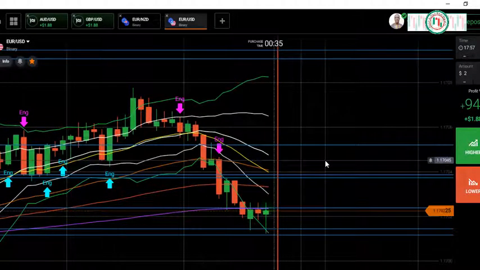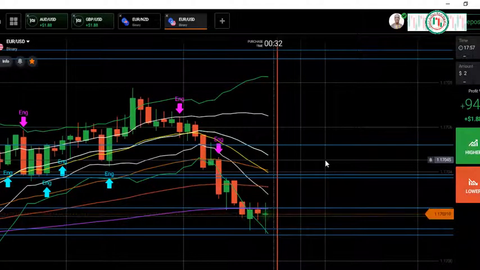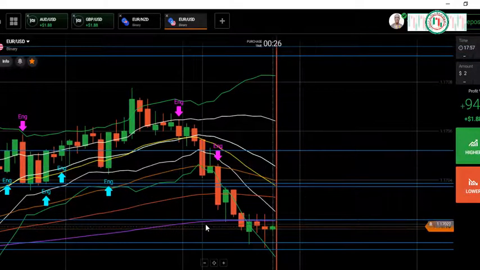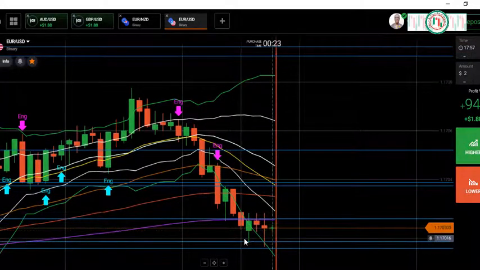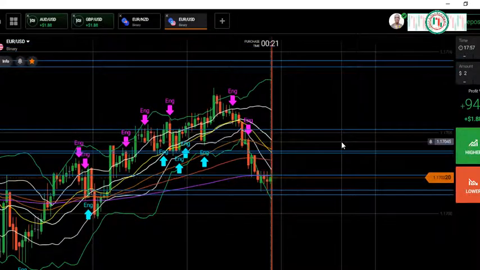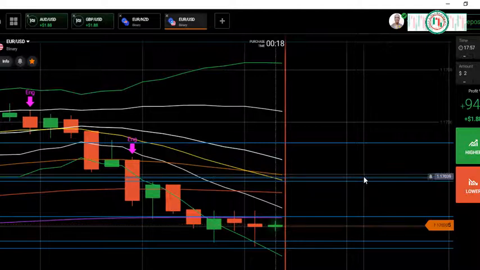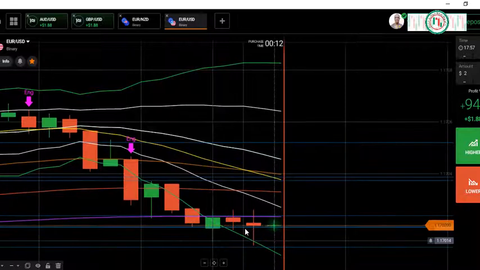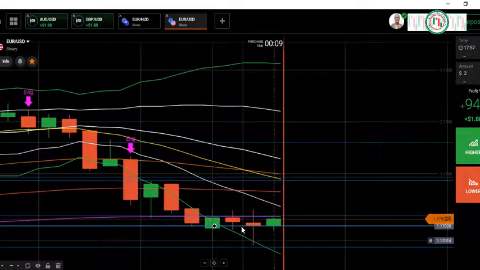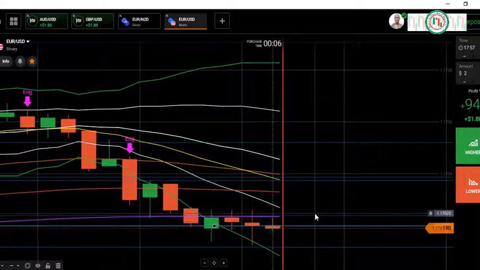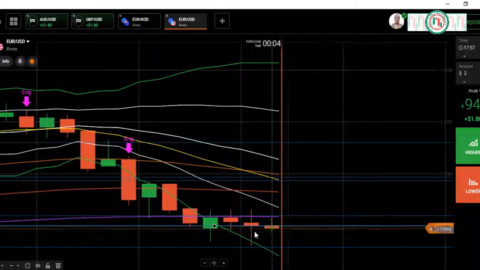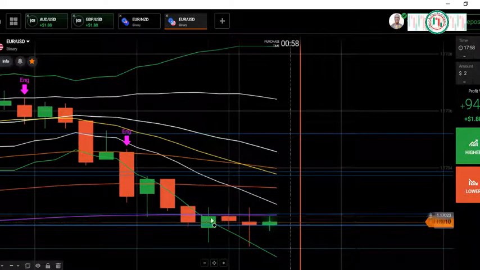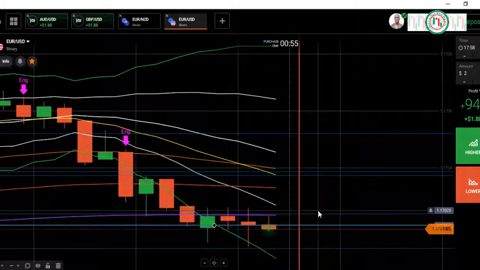So here we are in a consolidation area. You see the market is consolidating.